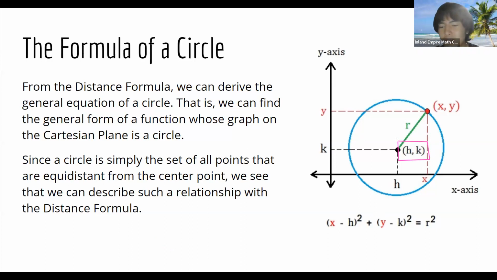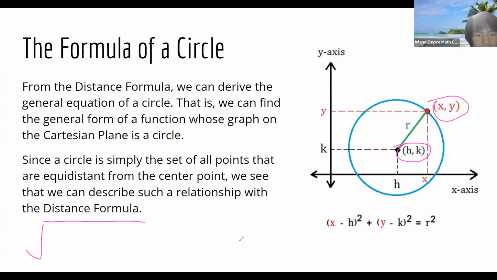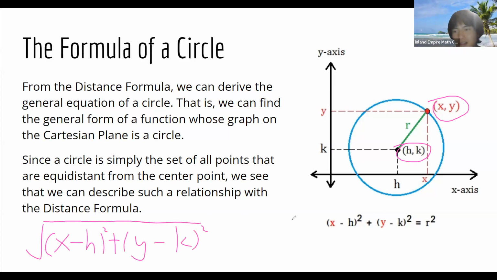Let's say you have an arbitrary point xy, which is right here, and you want to find the distance to the center point hk. As you guys just learned, the distance would simply be the square root of x minus h squared plus y minus k squared, because you can construct the right triangle, and that would be the square sum of side lengths.